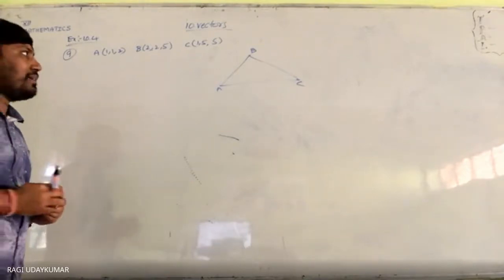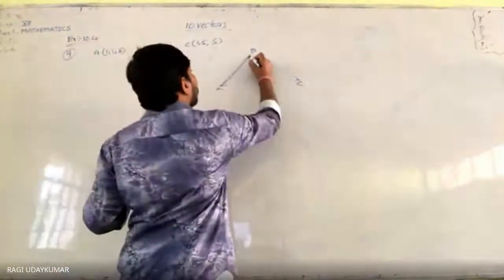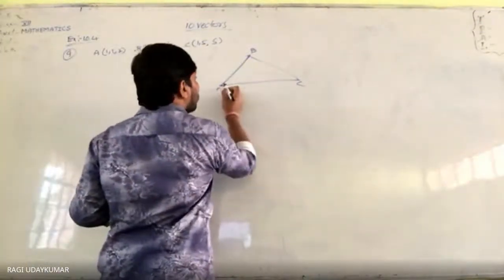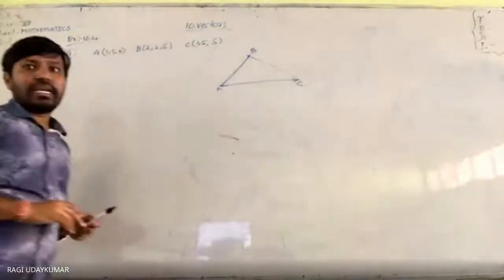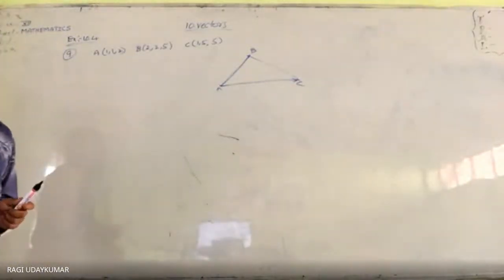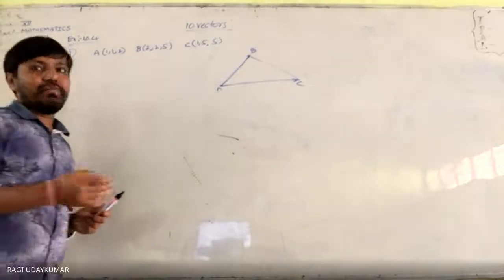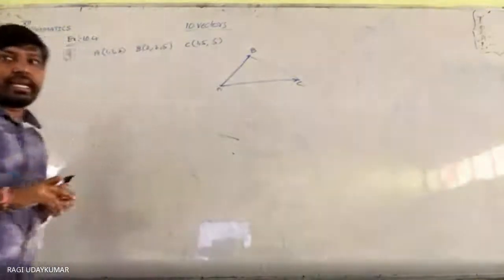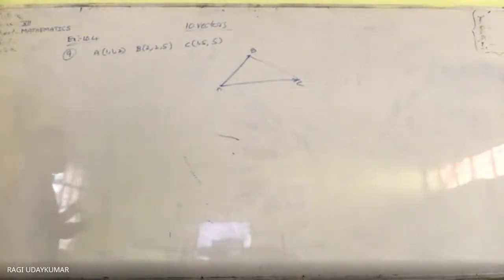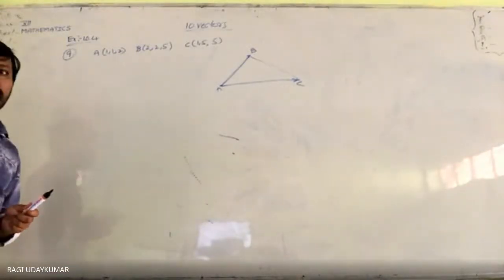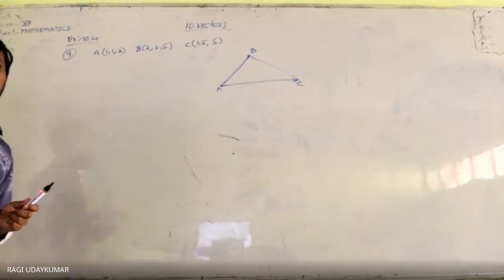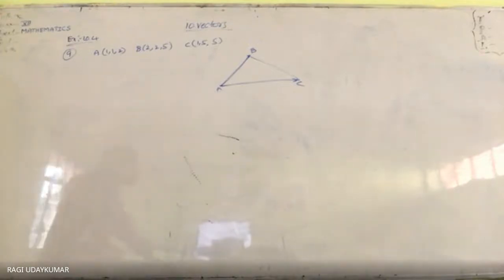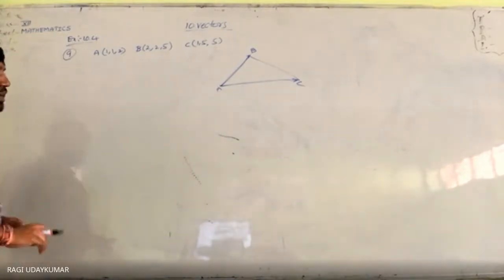You can take the AB vector and AC vector, or AB and BC. Find the AB vector and the BC vector.